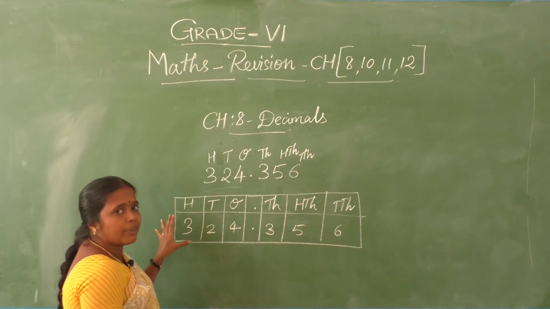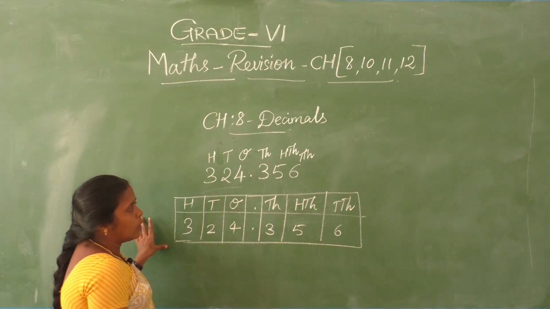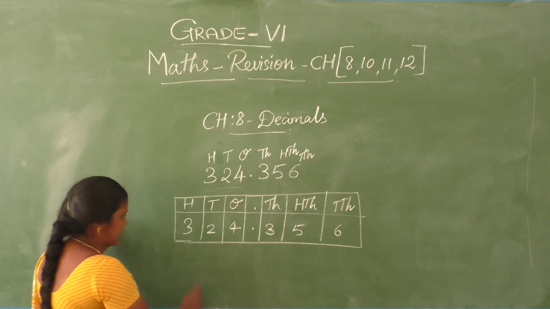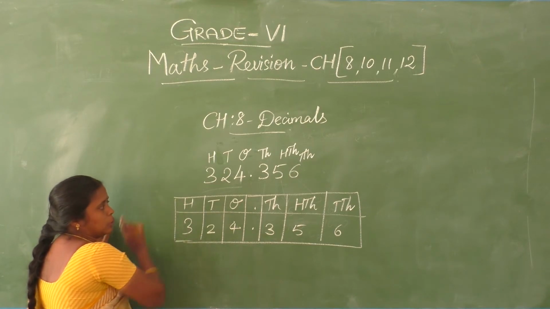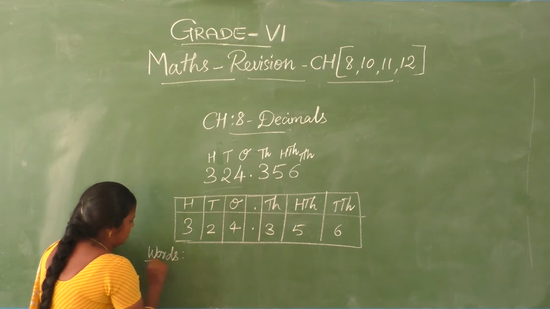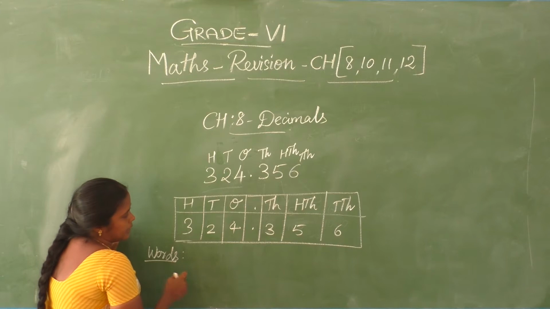This is the way of writing any decimal number in the place value chart. Okay, don't confuse. Write the name in words, means how do you write? As you are reading it, the same way you have to write. This is a place value chart; here write in words. Express the given decimal number in words. What do you write at that time? The same way.